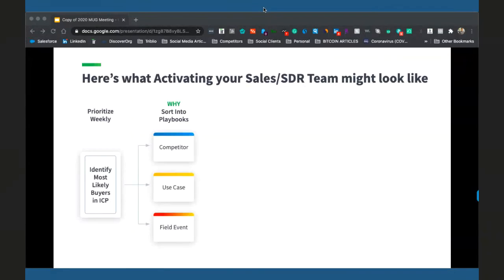And then you can automatically sort them, or you should sort them, into playbooks, meaning, are they using a competitor solution? They run this cadence. Are they looking at a particular use case? They run this cadence, and so on and so forth through your various different plays. And you can automatically, obviously, enrich those contacts. You can do that via Salesforce integration with something like ZoomInfo or DiscoverOrg.